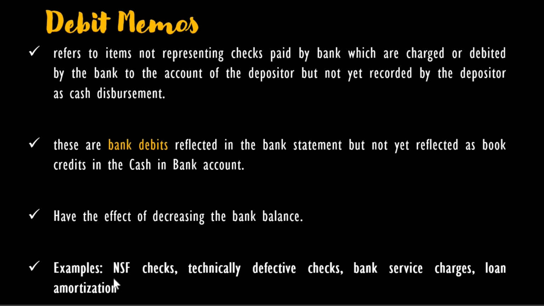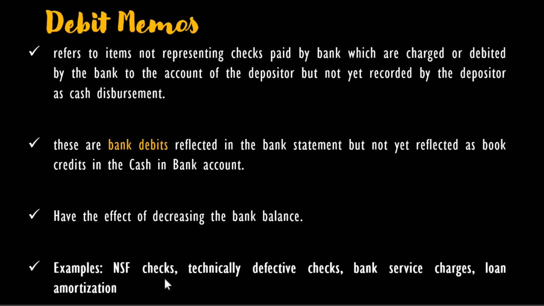So common examples are, first, NSF check. Usually when we deposit a check to the bank, they acknowledge it, right? So of course, when you deposit the check to the bank, they are going to credit it to your account first.